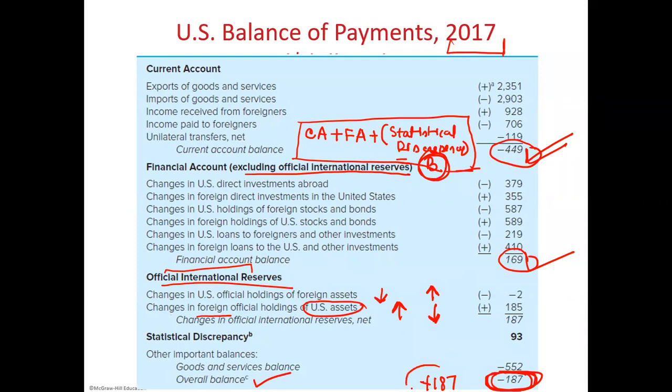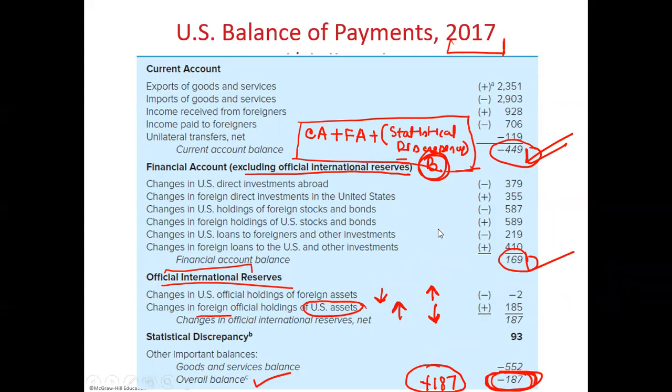If we have this positive balance, we'll be increasing the holdings of foreign assets, and the foreigners will decrease the holdings of the US asset.